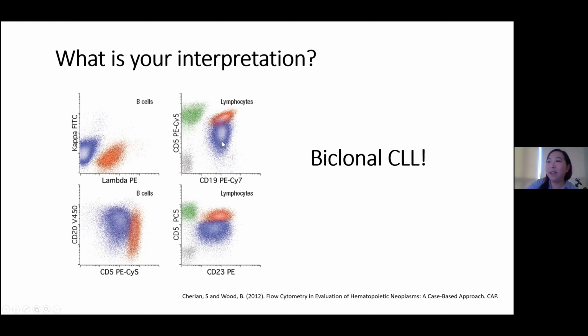In this case, CD5. So you should be careful not to call this polyclonal or normal lymphocytes, because they look polyclonal on the kappa and lambda plot, but they're actually expressing aberrant markers. And this is actually a case of biclonal CLL. Rare, but can happen.